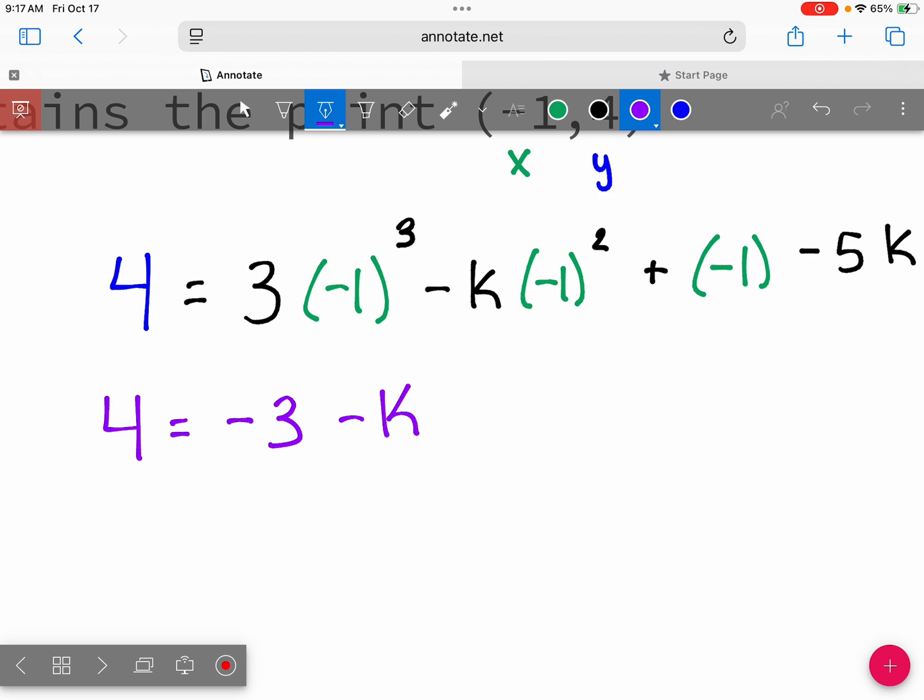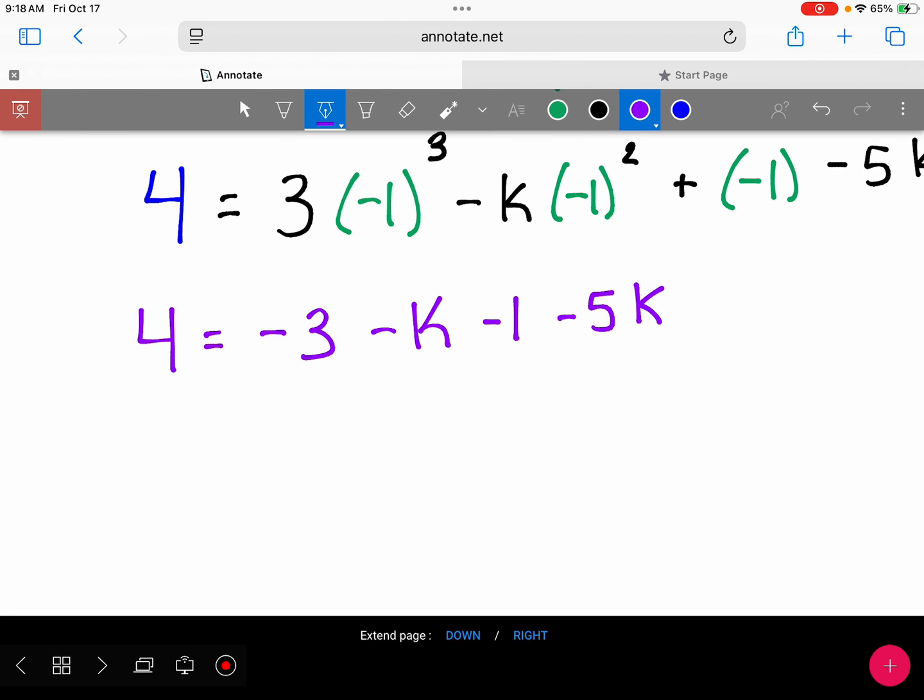Then we have our plus -1, so it's just a -1. And then we have our minus 5k, just kind of hanging out. Combine some of my terms. So we're going to have our 4 equals -4 minus 6k.